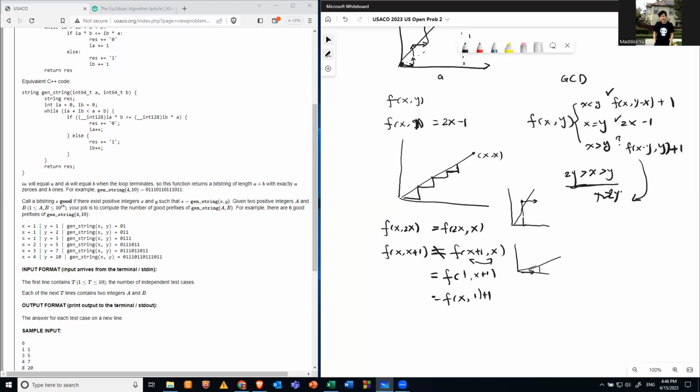You go here, then you go up, you will actually exceed it. So in this particular case, you find out this is f(x minus y, y). You have to add this x minus y, take the upper bound, plus 1. It's actually like this.